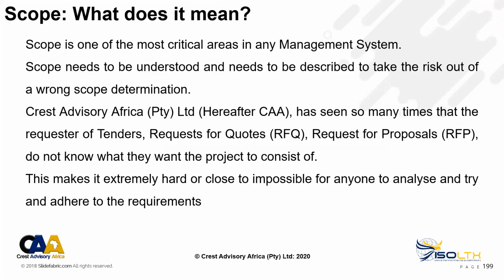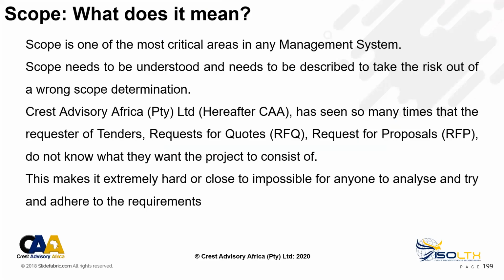And this is either 2 meters, 20 meters, 200 meters, 2000 kilometers. You are defining the scope of the management system. Scope needs to be understood and described to take the risk out of a wrong scope determination.